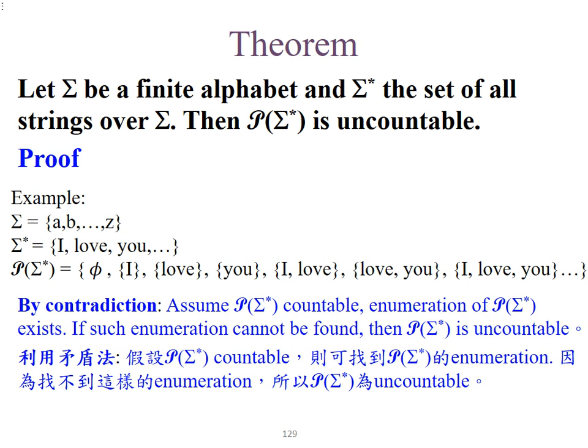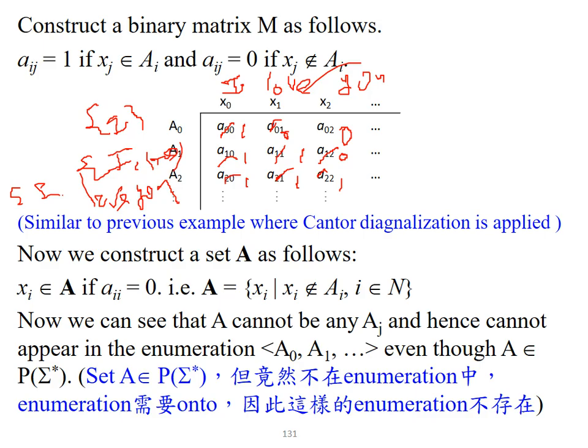You need to list all its subsets in the order 1, 2, 3, 4. So we're just trying to put an order on all these subsets. Empty set, I, love, you, I love, and so on, up to 1, 2, 3, 4, 5, 6, 7. So that's how we do it. We have the order A0, A1, A2, A3, A4, and we put them in order because we assume it's countable.